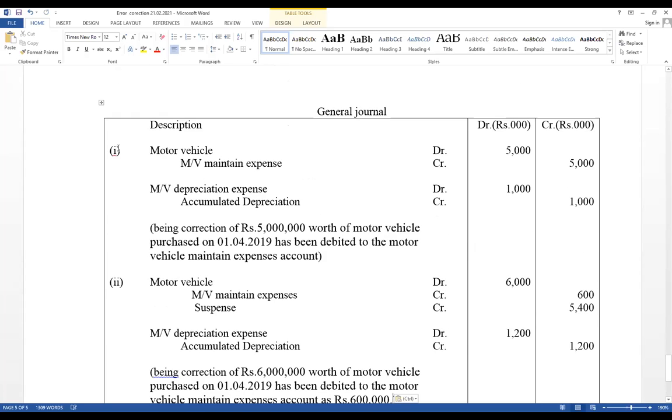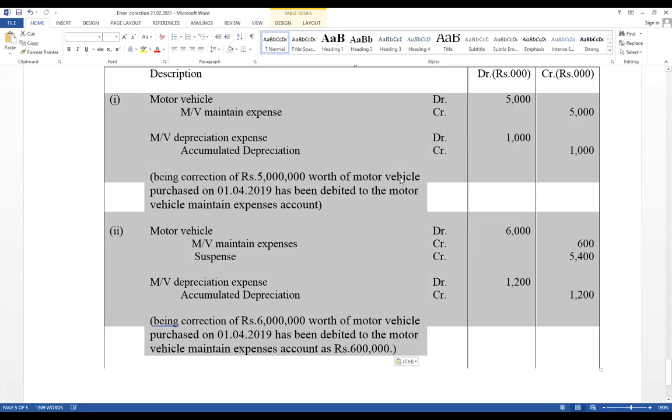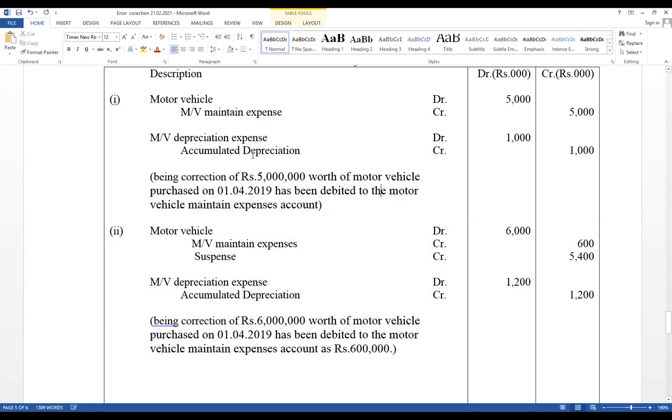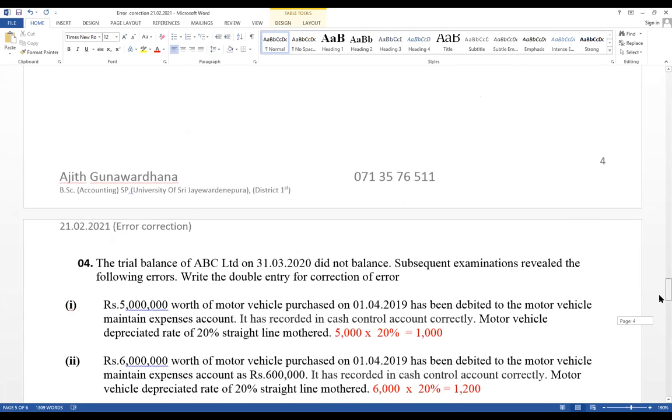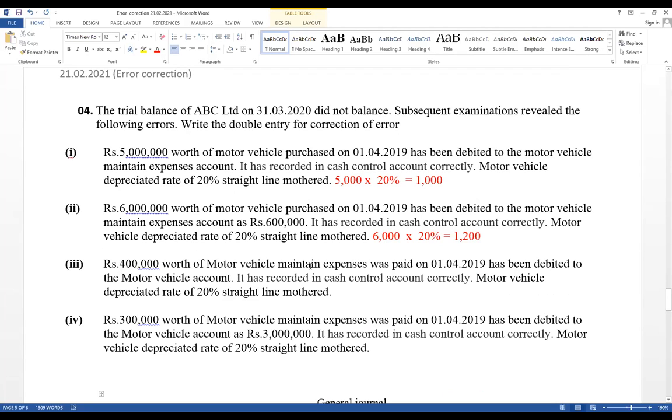But for the third and fourth ones, here it is the opposite side: expense has been recorded as an asset. Think about 1 and 2: asset has been recorded as expense. But third and fourth: expense has been recorded as asset. It is the opposite side. Now think about the third one. It has given rupees 400,000 worth of motor vehicle maintenance expense paid on 1st April 19 that has been debited to the motor vehicle account.